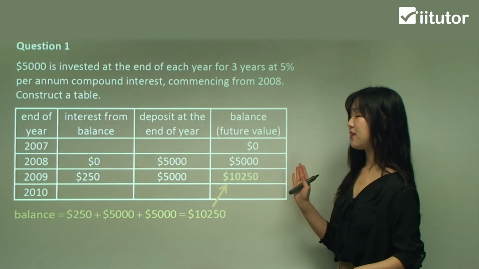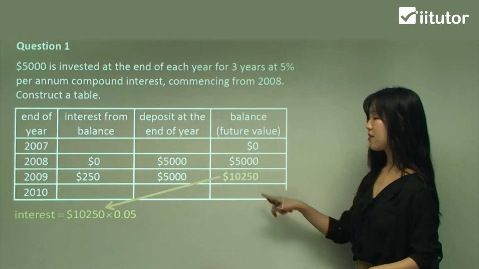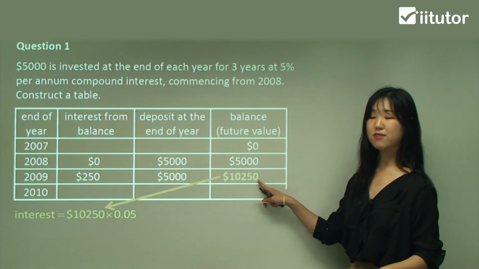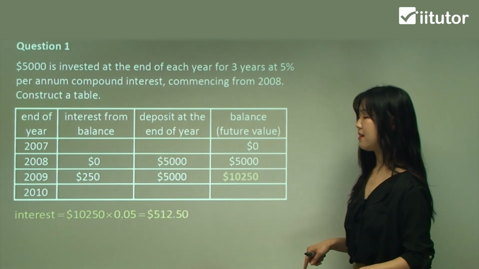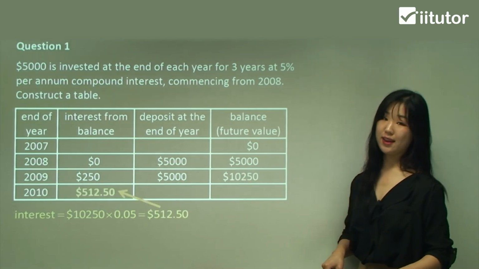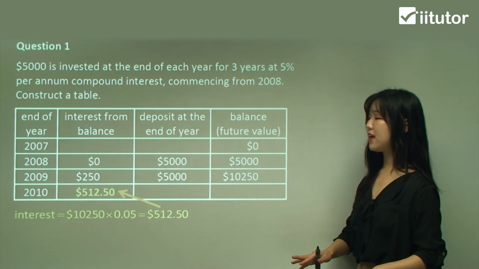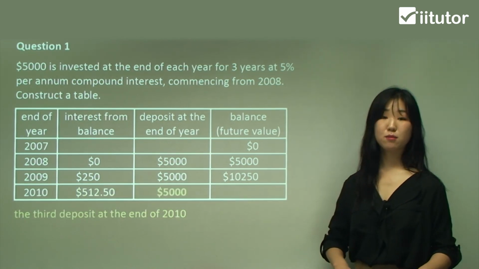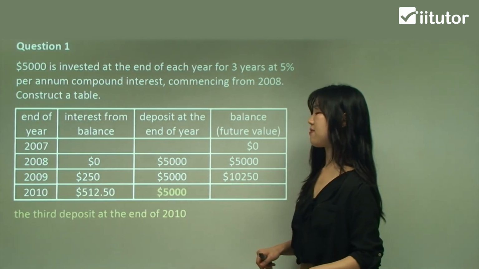Now let's calculate the interest for 2010. So we calculate interest on our previous balance, don't we? So we times it by 5%, get that, that's what you put it in. Now we've come to the end of the year, we put in our last deposit, our third deposit of $5,000.